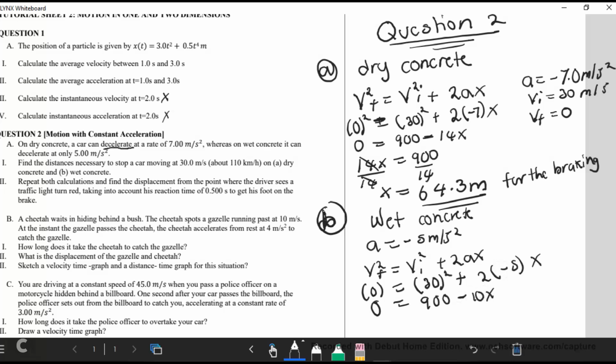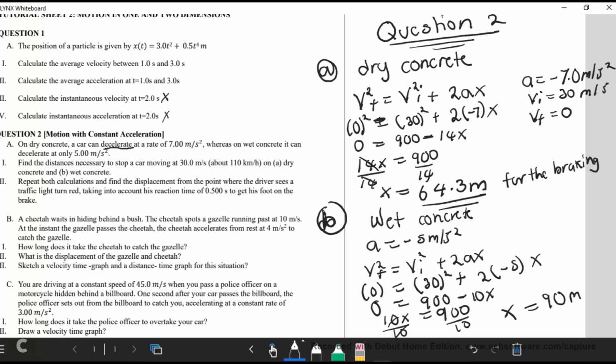When this goes to the other side, 10x is equal to 900 over 10, such that they divide, then your displacement will be 90 meters.